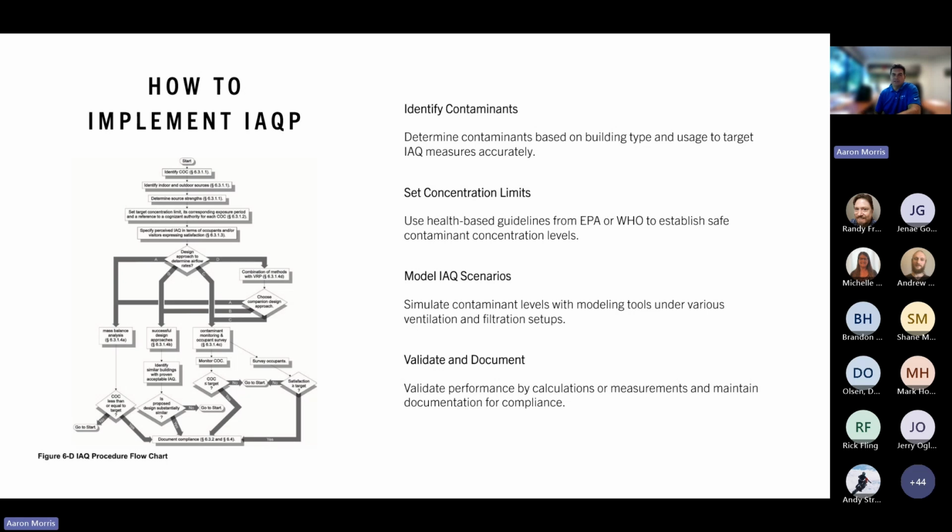So if you use the ventilation rate procedure, it's going to have you assume a certain occupancy, and your ventilation rate is going to be higher than it would be using the IAQP method, where you would just treat the contaminants of concern, which is kind of just server racks in an empty room.